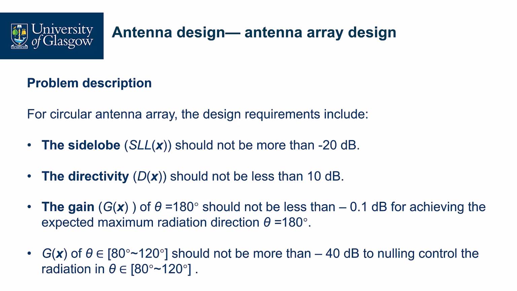This is the first question. The second is what the objectives and the constraints are. We already know the design variables, and for these specifications or requirements, we need to ask the antenna designer how he or she would like to treat them.